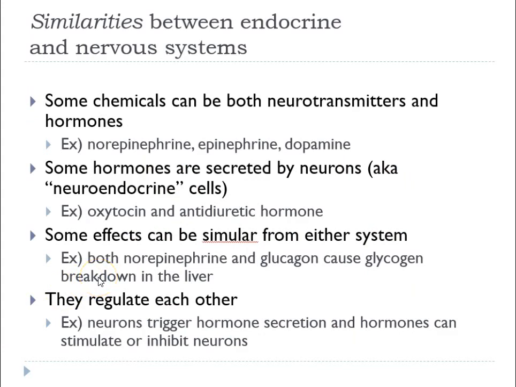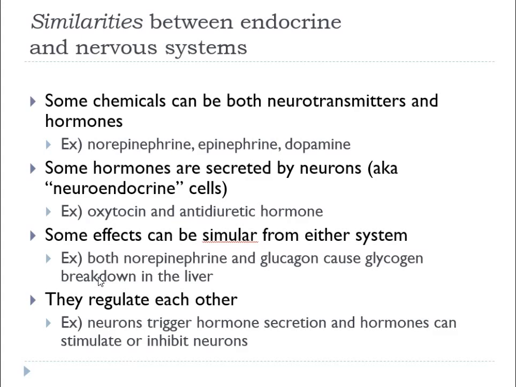The similarities between the endocrine system and the nervous system are that some chemicals can be both neurotransmitters and hormones. If you remember back from 201, norepinephrine, epinephrine, and dopamine could be either hormones or neurotransmitters. Some hormones are secreted by neurons, so they're neuroendocrine cells.